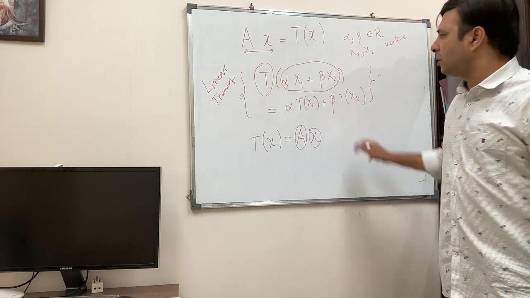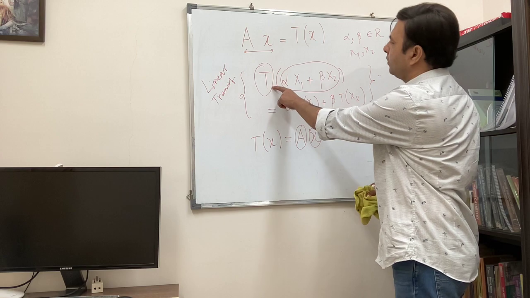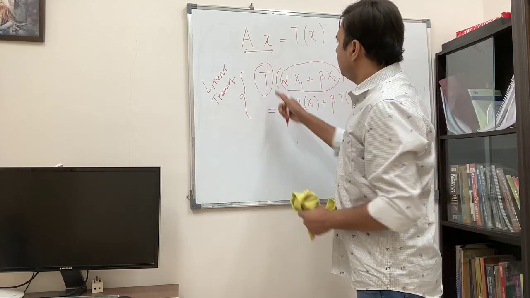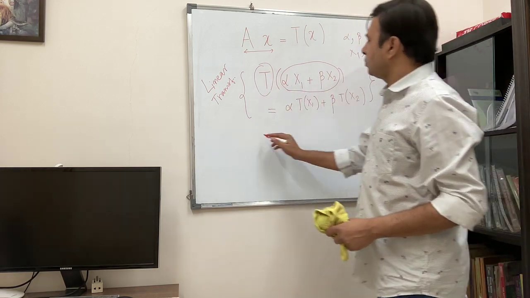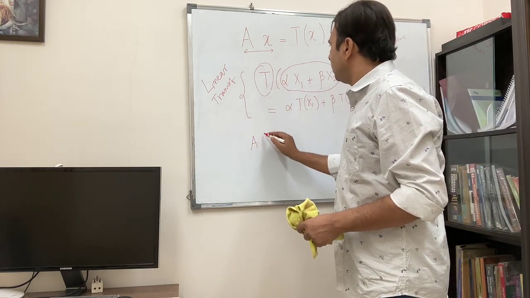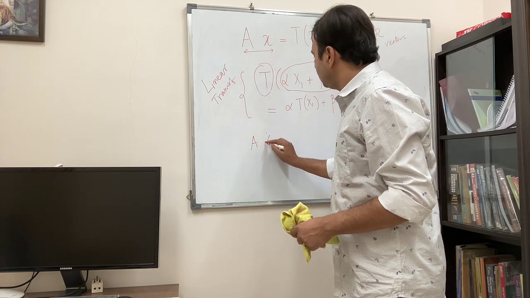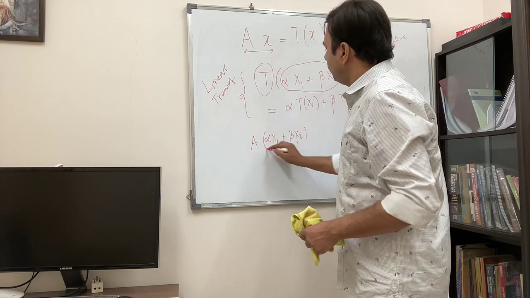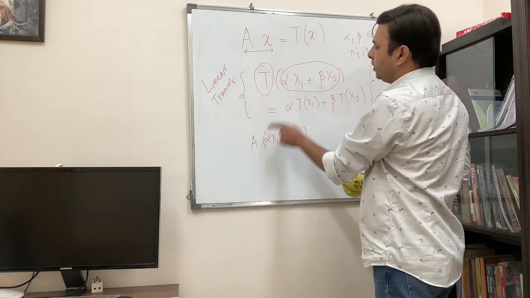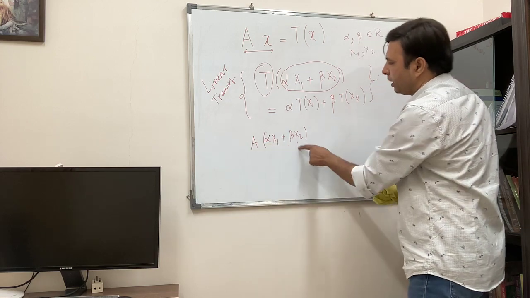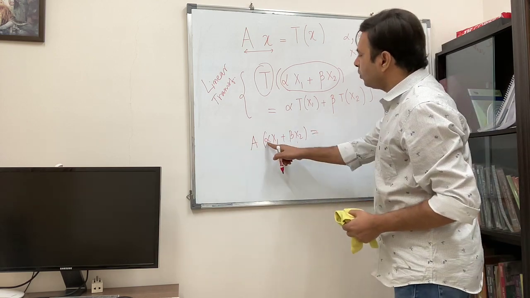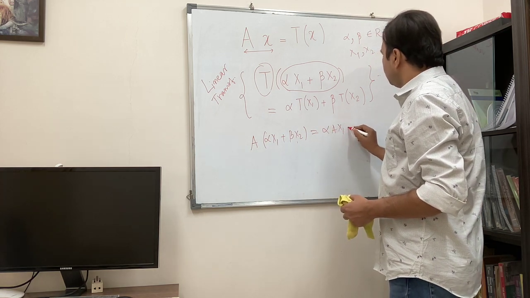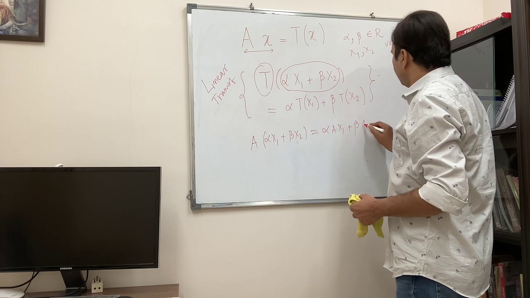It's easy to see what will happen if I replace it here. T of alpha x1 plus beta x2 you can write as A times alpha x1 plus beta x2, where A is a matrix. So this transformation is given by a matrix multiplication, and it is always equal to, since alpha is a constant, alpha times A x1, similarly beta times A x2.